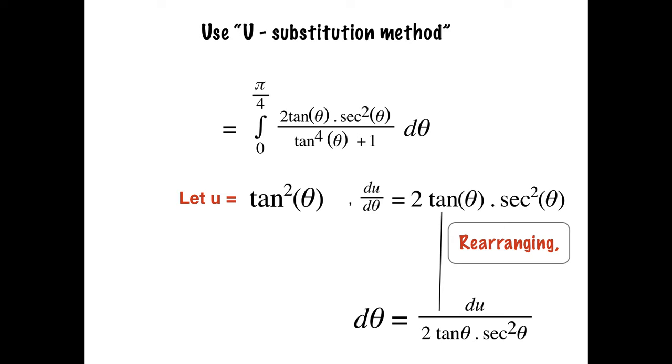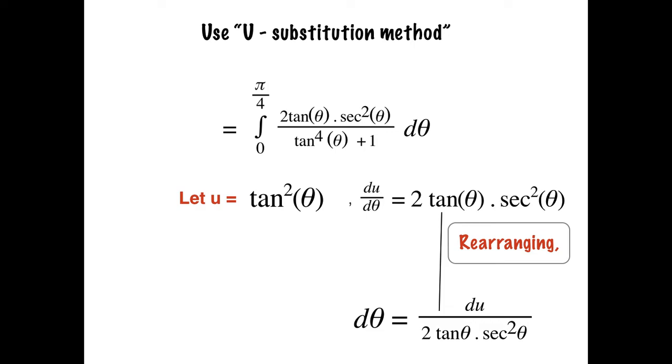Then take its derivative, because that's the rule of u substitution. For taking the derivative of tan square theta, you need to use the chain rule, and you'll get du by d theta is equal to 2 tan theta times sec square theta. Now rearrange this and get the equation for d theta, which is equal to du by 2 tangent theta times secant square theta.